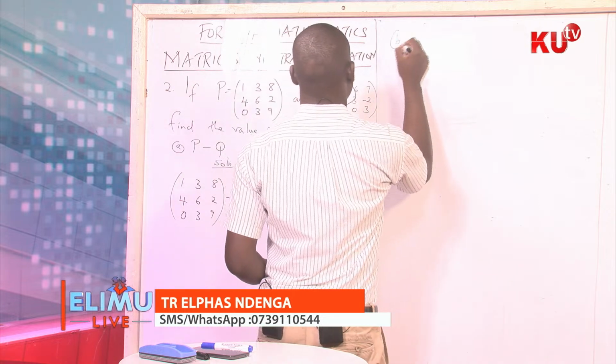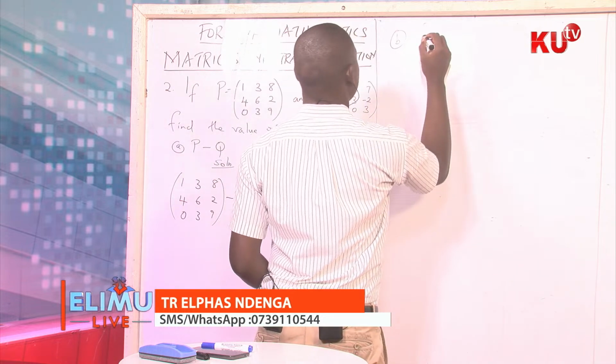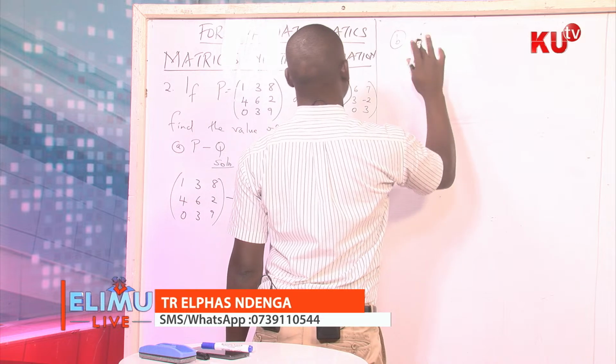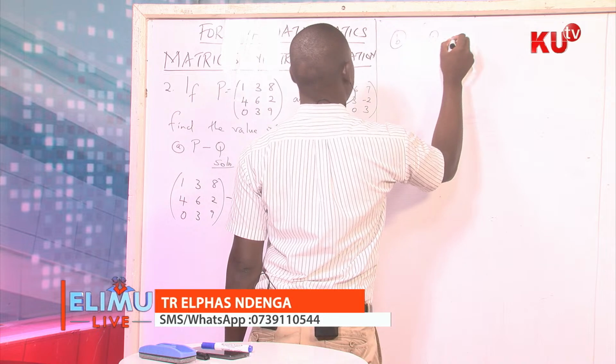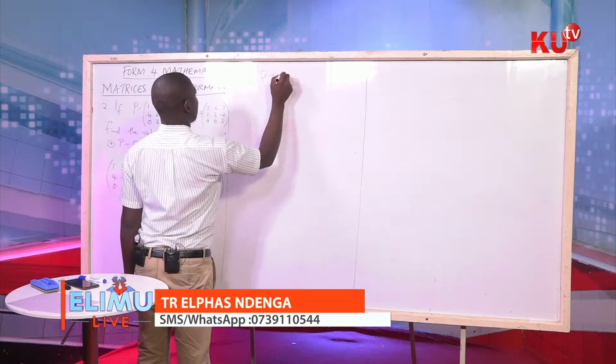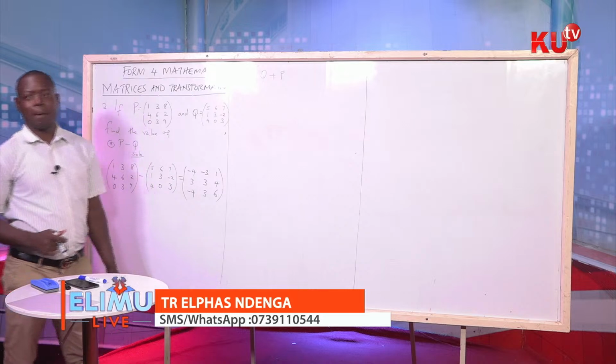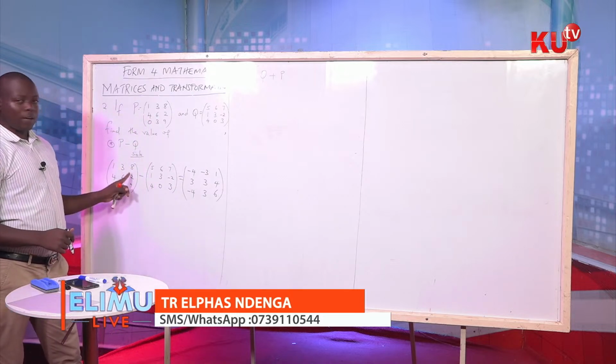Part B. What if now we are asked to find the value for Q plus P. The first one was minus.